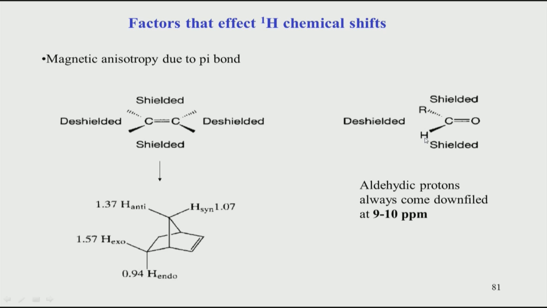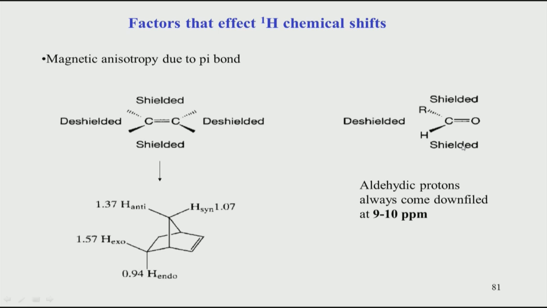So, this hydrogen lies in the deshielded region and therefore comes very downfield at around 9 to 10 ppm, which we saw in one of the slides on chemical shift values of different functional groups. The aldehyde protons come very downfield shifted because in the carbonyl functional group they lie in the deshielded portion of the molecule.